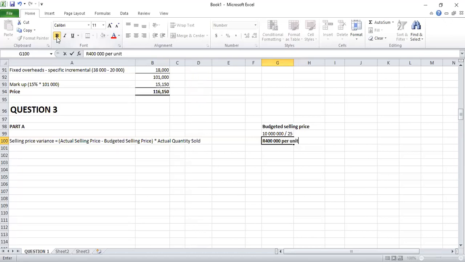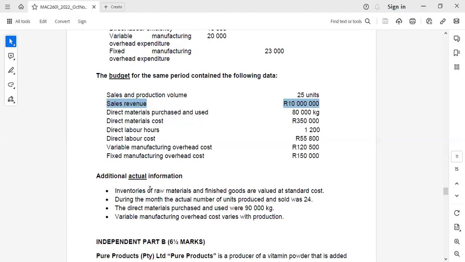So then we find our actual units sold. During the month, actual units sold was 24.